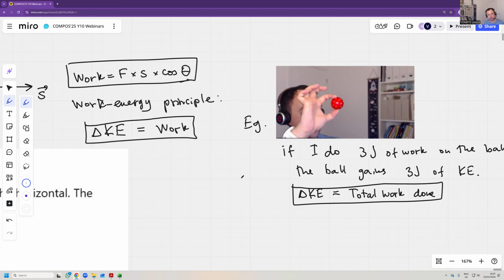So what happened? As I was doing work on the ball, so was gravity. I was speeding the ball up, but gravity was slowing it down, as well as friction, of course. Eventually, the total work on the ball is 0. So the combined work by me, by gravity, and by friction is 0.